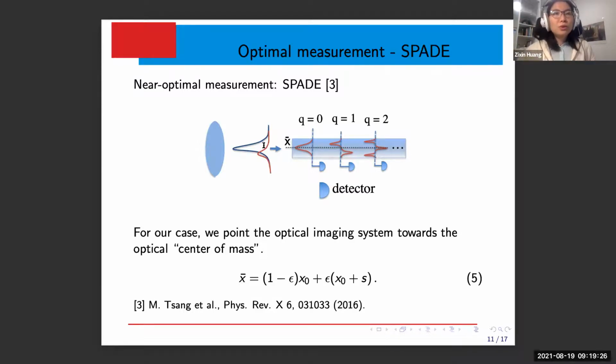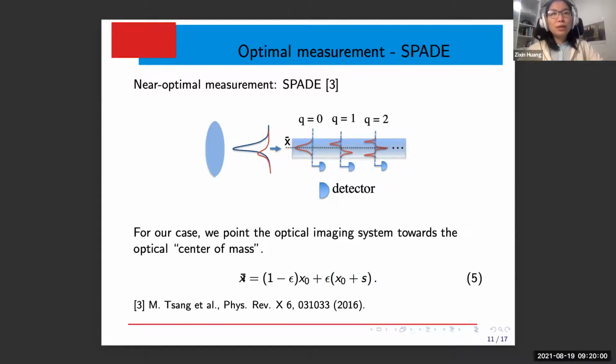So what you want to do is to take the weighted center of the system you're trying to image. So that takes this form over here. If the planet is sitting at position x0, then the weighted center would be given by this expression, where you have 1 minus epsilon, the intensity of the star, multiplied by its position, plus epsilon, the intensity of the planet, multiplied by the planet's position.